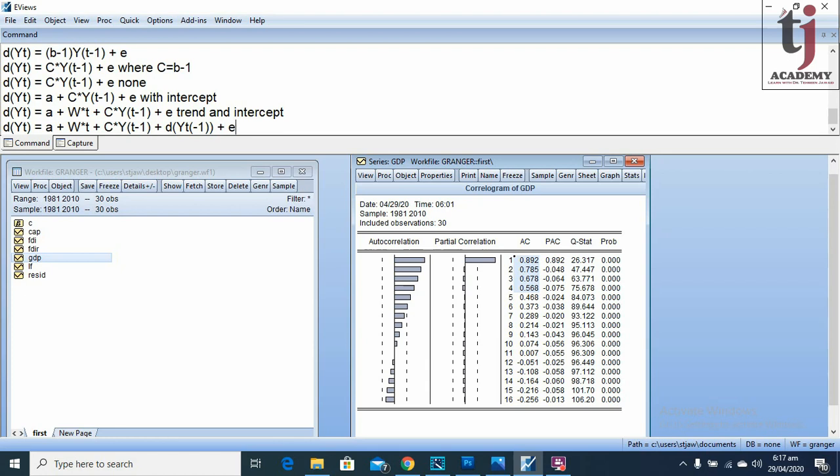You can add lag 1, lag 2, lag 3 up to one-fourth of your sample size. So after adding this lag of the dependent variable, the Dickey Fuller function will be Augmented Dickey Fuller.